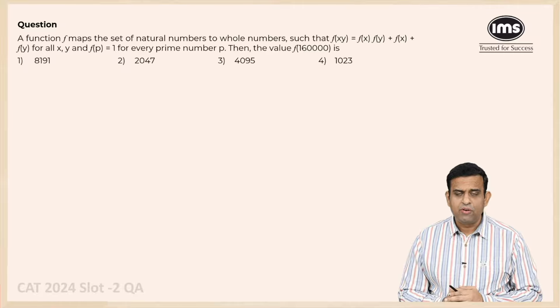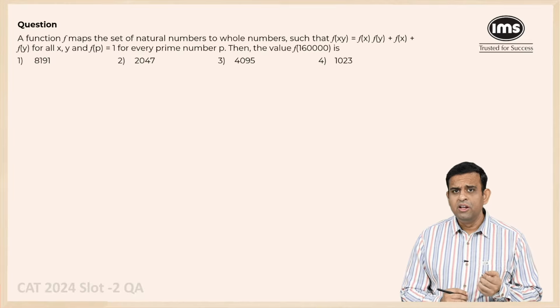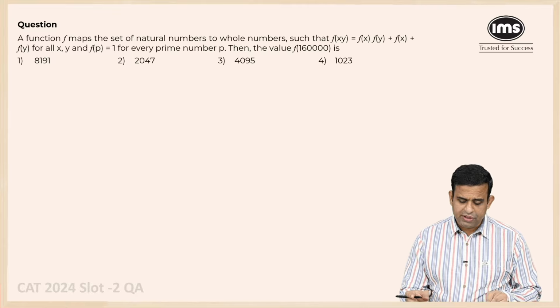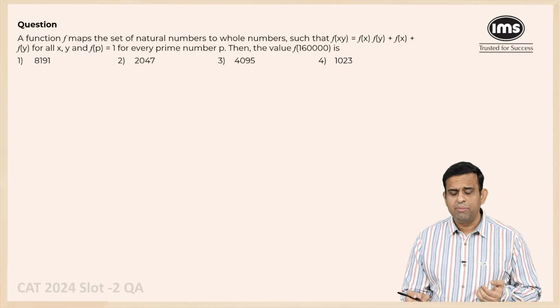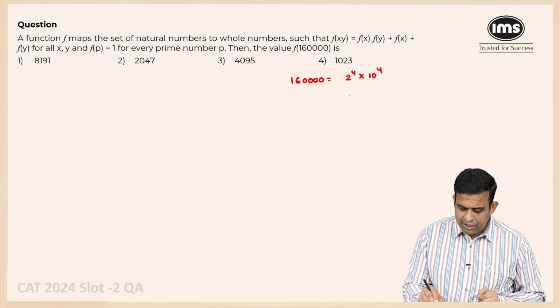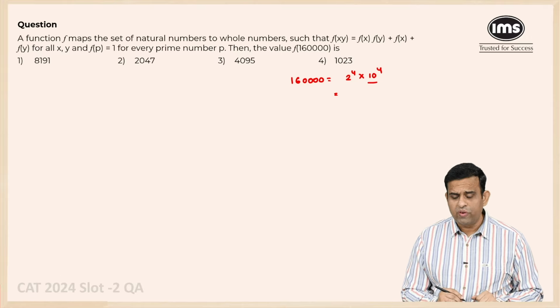Now this particular type of question is not so straightforward, according to me. One can possibly call it a C kind or a B kind, B for the people who are able to spot the pattern. So in this context, we can look at the possible values of f2, then possibly f2 square, because if I look at this number 1,6 and 4 zeros, it is 2 power 4 into 10 power 4, and this 10 power 4 I can write as 2 power 4 into 5 power 4.